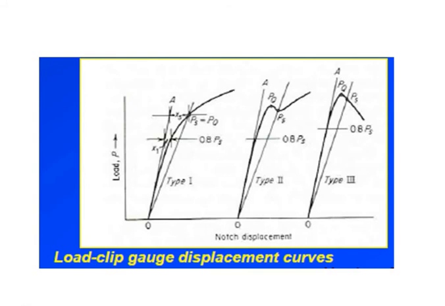This point we call a load drop point, and we term it a pop-in. So it comes down again, there is a pop-in. This is because of a sudden, unstable, rapid crack propagation, that is, the crack suddenly grows fast. After that, once again it tries to rise.